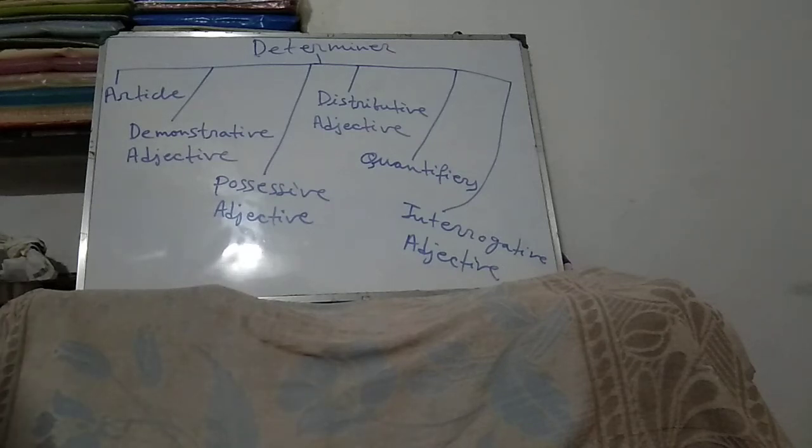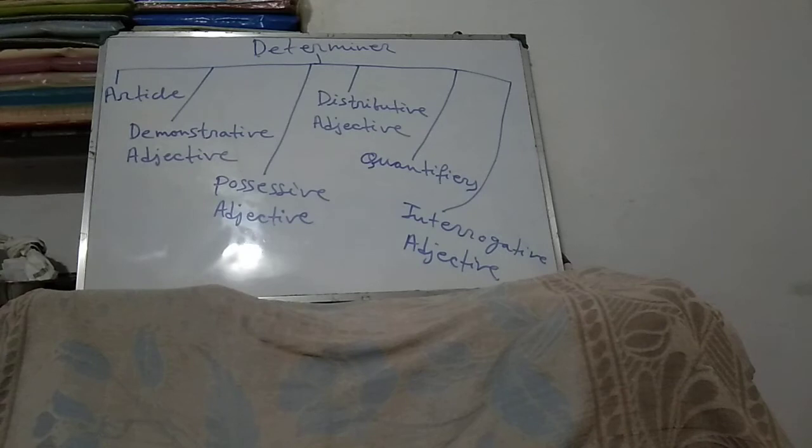That's why it is called possessive adjective or pronominal adjective, like my, your, his, etc. And thereafter, distributives or distributive adjective: each boy, every student, each, every, this type of word which indicates separately.